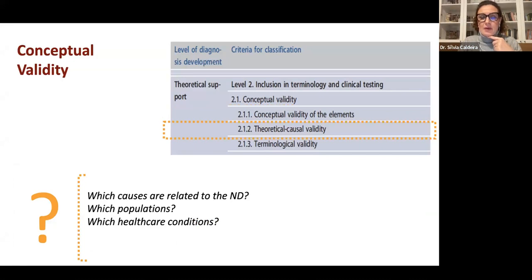Then we need to go further and ask which causes are related to that nursing diagnosis. It's not just about the previous questions. Now we are concerned about the causes, the populations, and the health conditions. You see, we are composing the nursing diagnosis with different elements from a theoretical perspective, because we know that some human responses are different in different populations, in different health conditions.